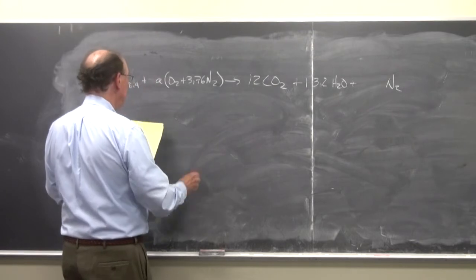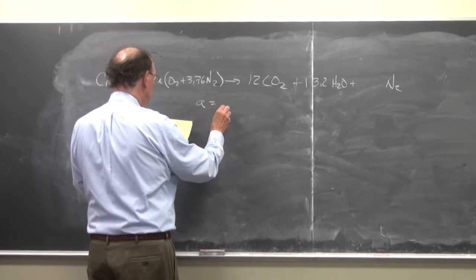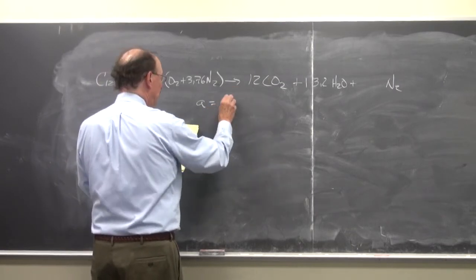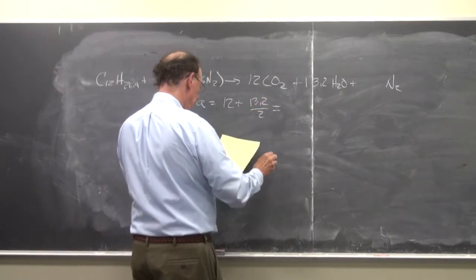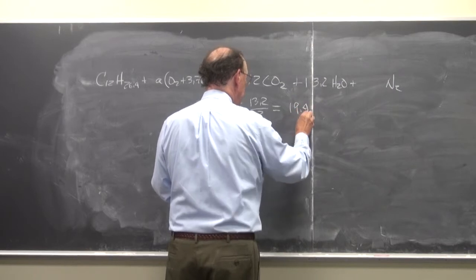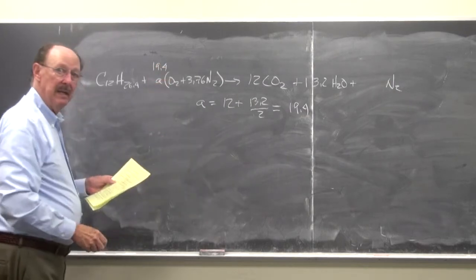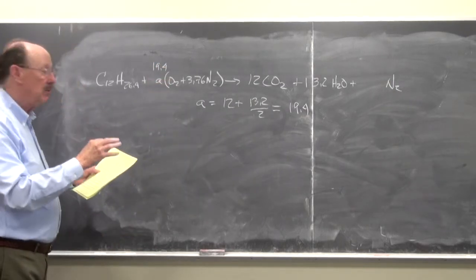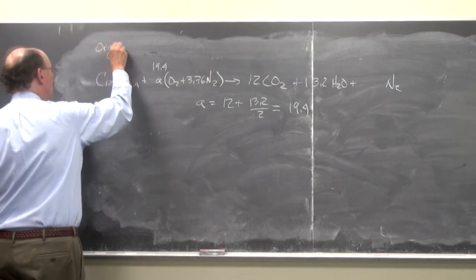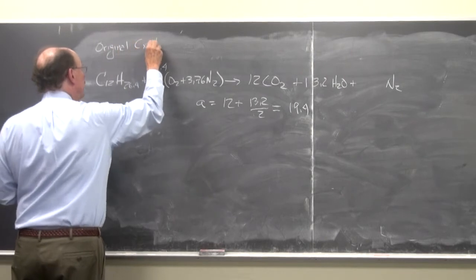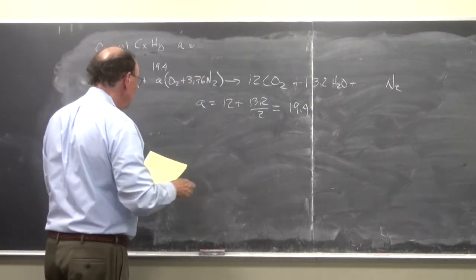So if I look at this, then A is equal to 12 plus 13.2 over 2, which is equal to 19.4. So I have here A is 19.4. If we went back to the original, CXHY, the A value was equal to 22.36.